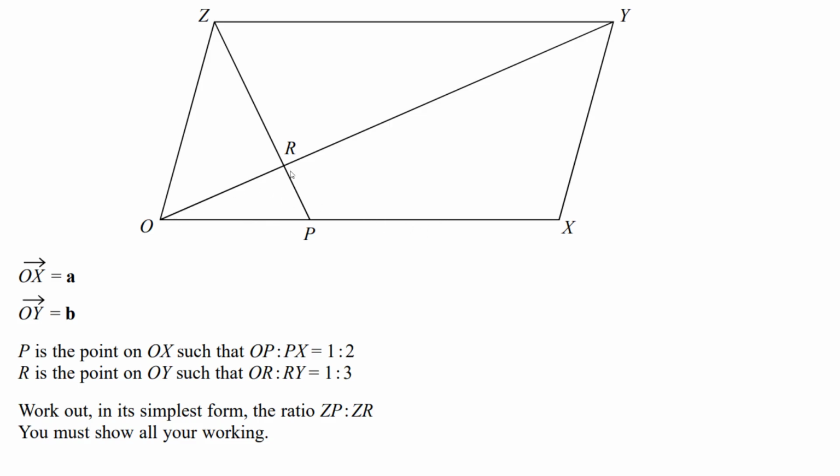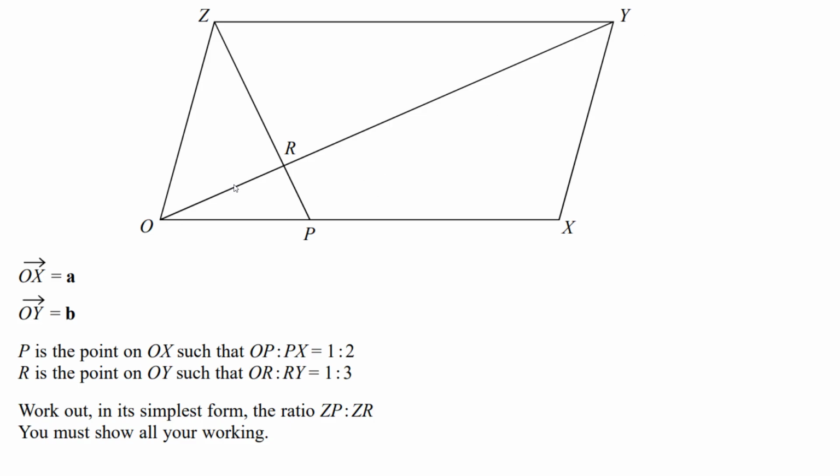Similarly here, for R, if OR to RY is 1 to 3, that means the full line has a length of 4, and this is one part of it, and this is 3 parts of it. So 1/4 of the full line, because we get the 4 on the denominator, because it's the full line.